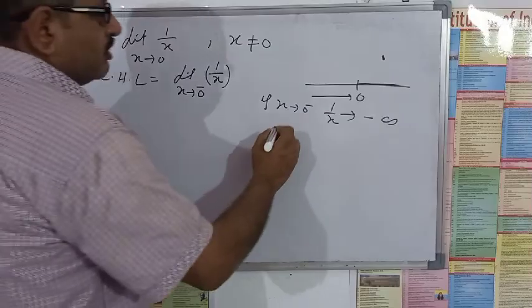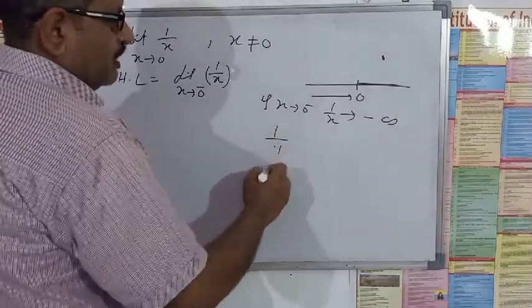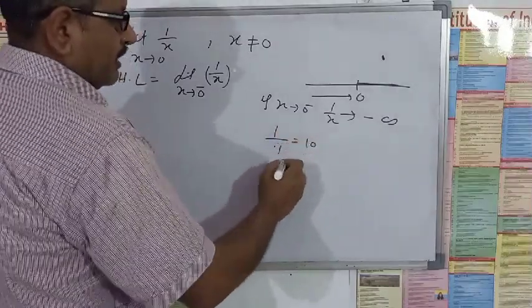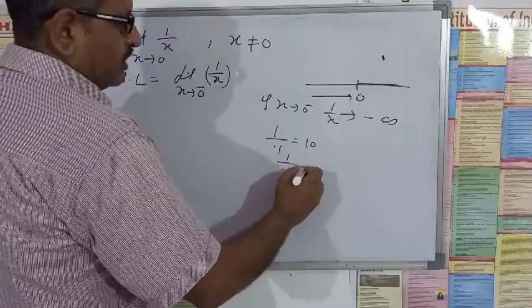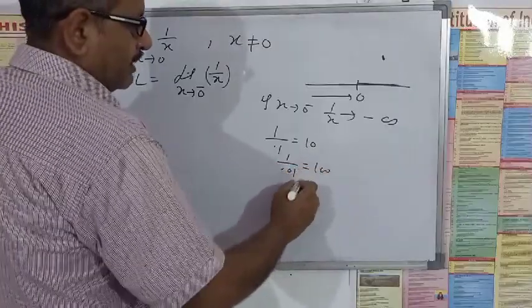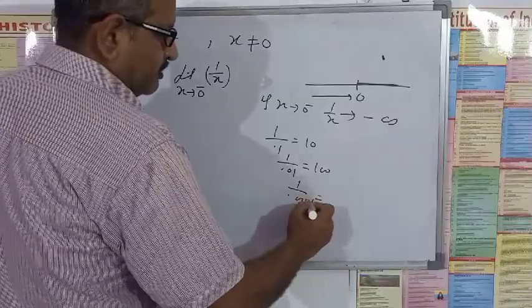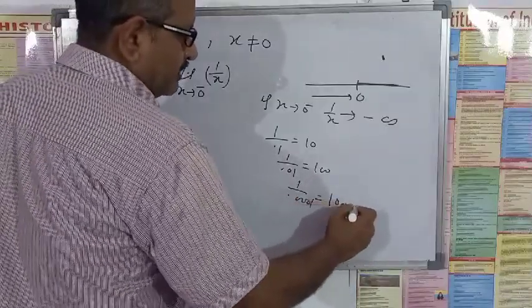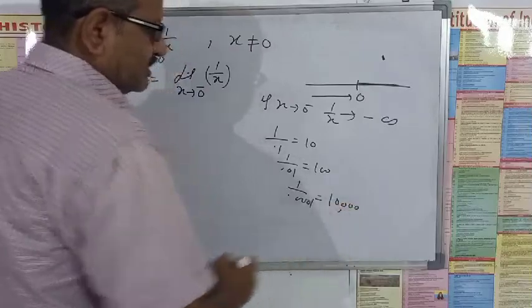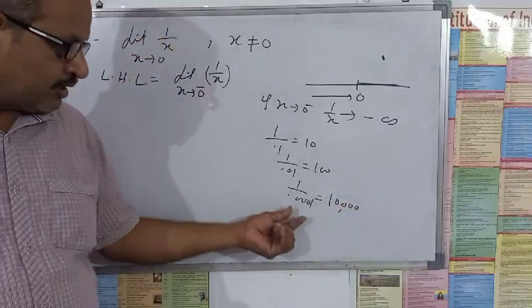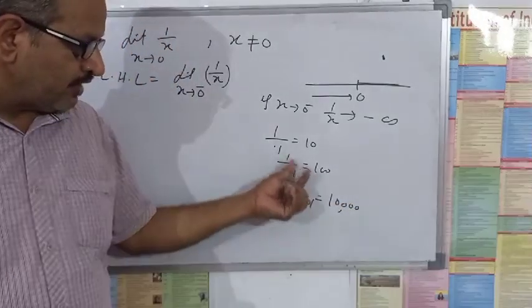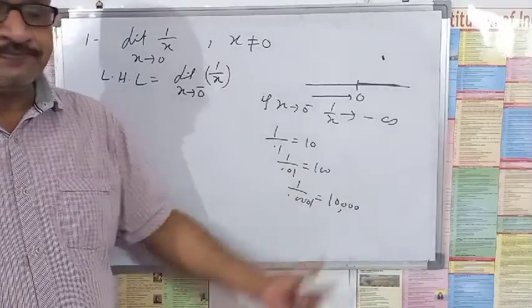You can check. 1 by x, suppose x is 0.1, its value will be 10. For 0.01, its value will be 100. For 0.0001, its value will be 10,000, like this. So as x becomes smaller and smaller, 1 by x becomes larger.